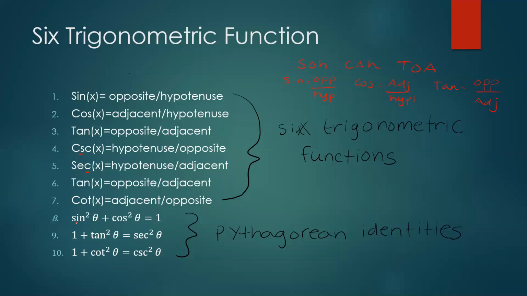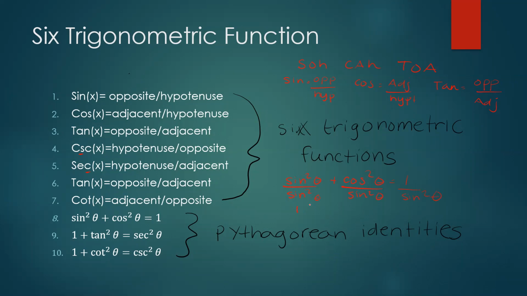So on the test, if you forgot your formulas, what you can do is start with sine square theta plus cosine square theta equals 1. Now, if you divide both sides by cosine square theta, what do you get?